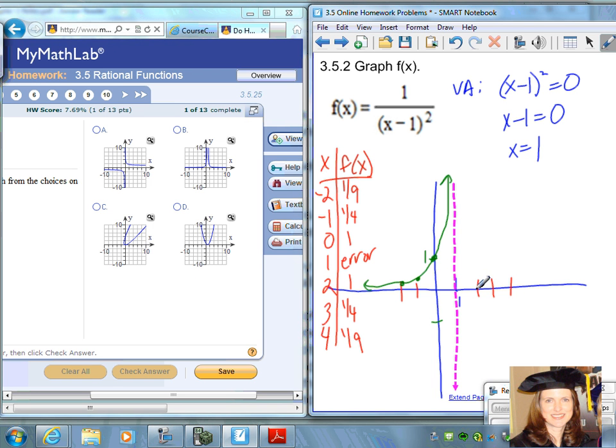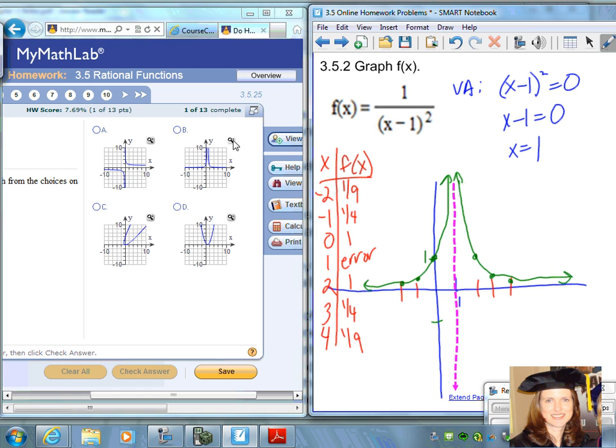Plug in 2, you get 1. 3, you get a 4th. And you get 1/9 when you plug in 4. And plotting more and more points, you'll start to see that this graph also flattens out as you go to the right, and it becomes almost vertical as you approach x = 1.